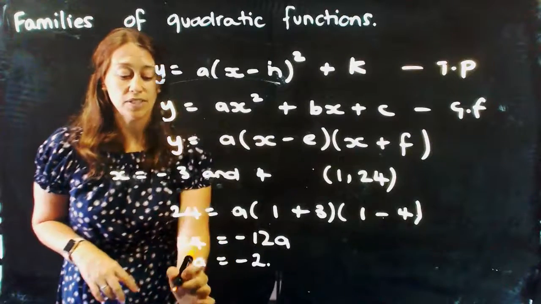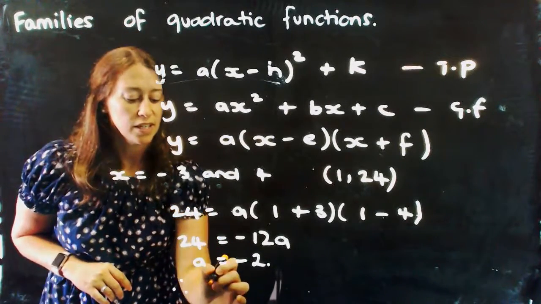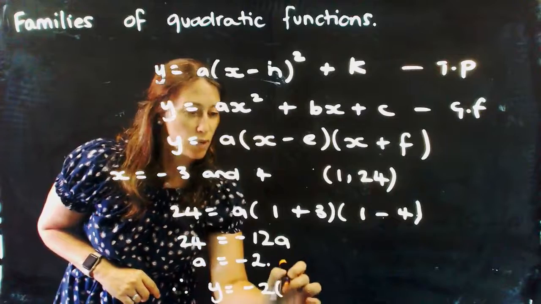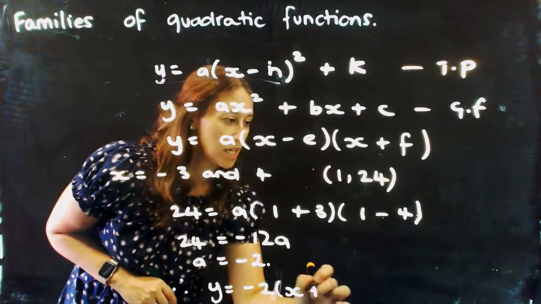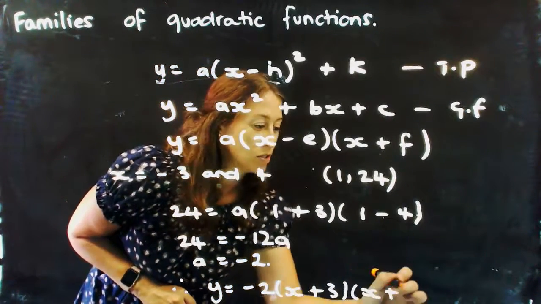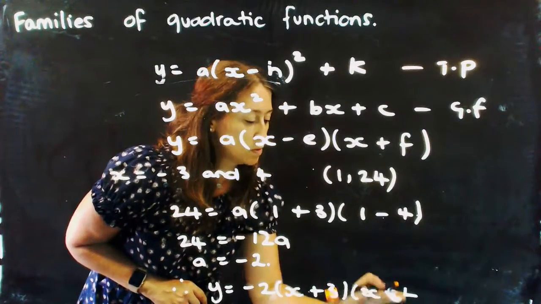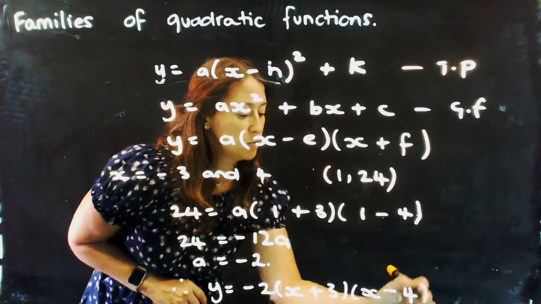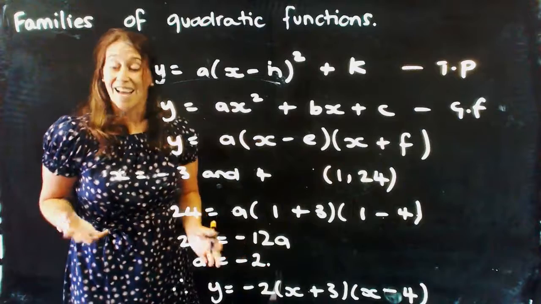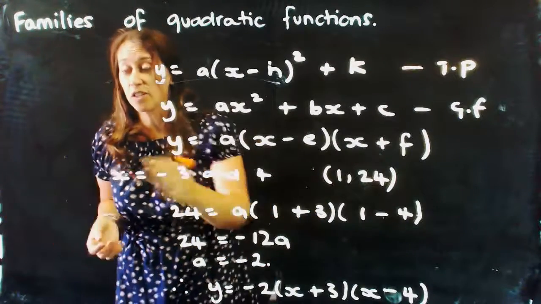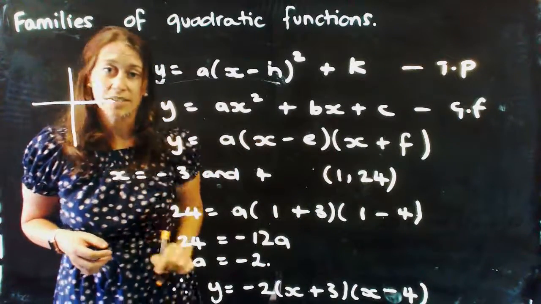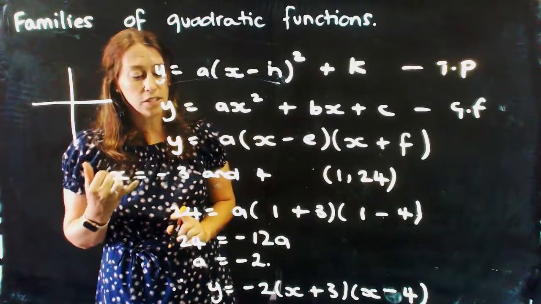What we can say now is the equation of this particular quadratic is y equals -2 bracket x plus 3, bracket x minus 4, which is a negative quadratic. If I was going to sketch that, remember that to sketch I still need to find the coordinate of the vertex.